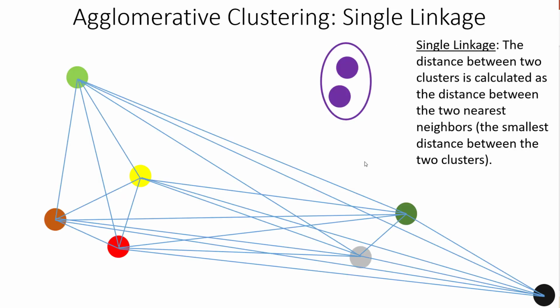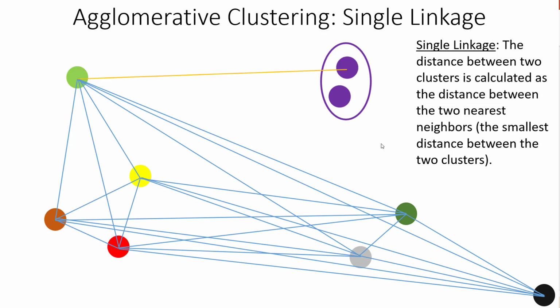So this is where we left off. We want to link this purple cluster to our remaining circles using single linkage, which means what I want to do is figure out for this lime green one, which of these two is it the closest to. So this lime green one, it's pretty close between both of these, but we'll say this lime green one is closest to the one on top.